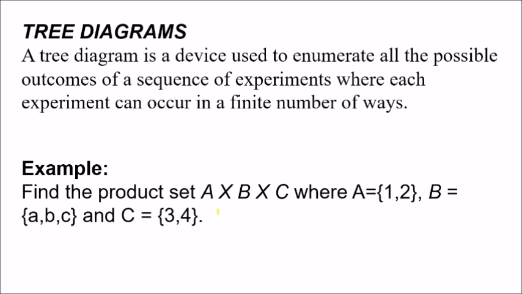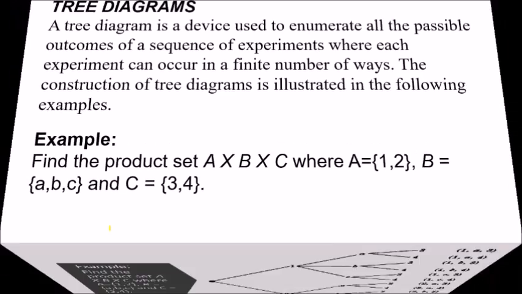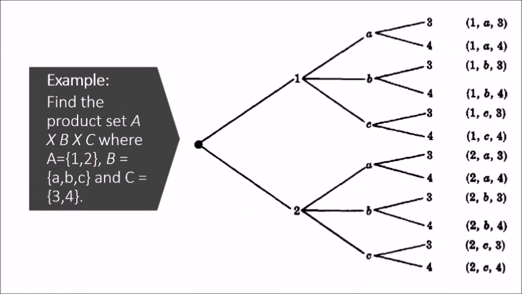Find the product of set A cross B cross C, where A equals the set containing 1 and 2, B equals the set containing A and B, and C equals the set containing 3 and 4. So here is the construction of the tree diagram. From the elements of set A, we have to distribute this to B and then to C. Parang i-partner-partner natin yan.